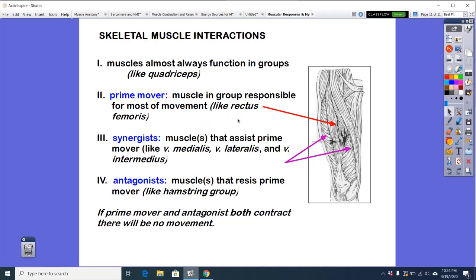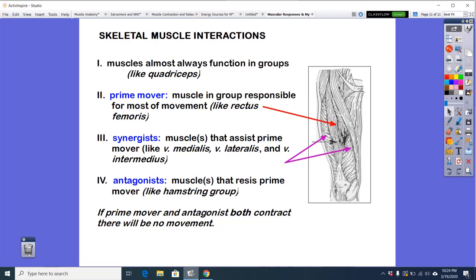In Muscle Man yesterday, we did rectus femoris, and the rectus femoris is the prime mover for your quadriceps. It's the one that does most of the work, but it also has synergists that work with it. They're going to assist or help out the prime mover. And in your quadricep group, there are 4 muscles, hence why it's called quads.